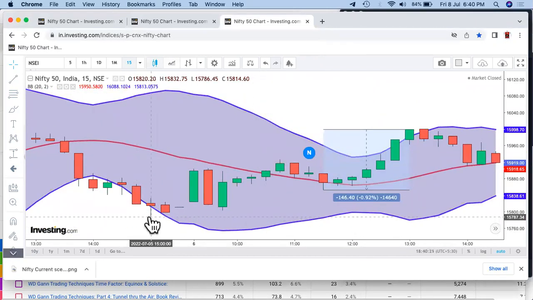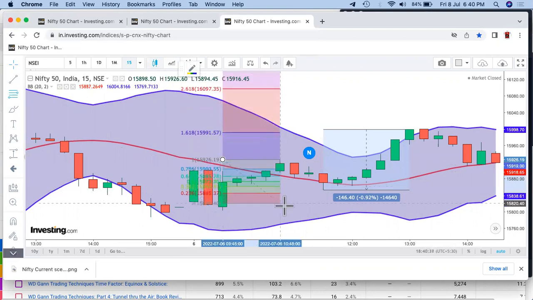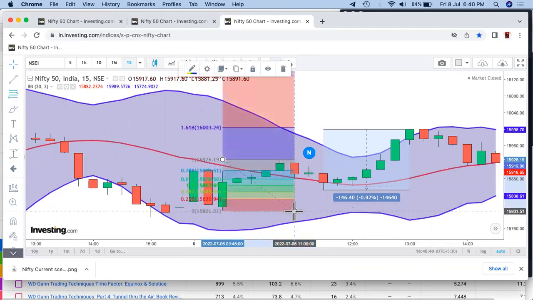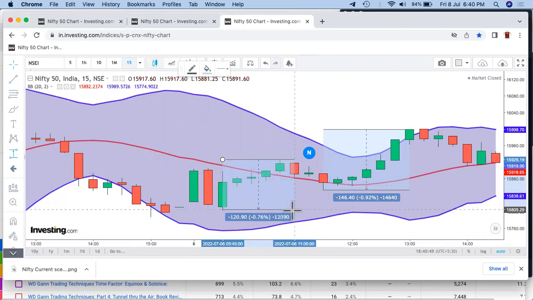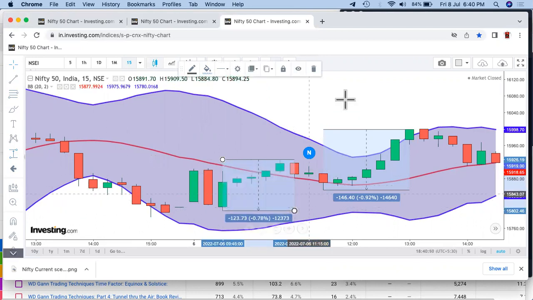For example, from here it goes up, it comes back from here. Now this is not specific to anything, or maybe I'm not trying to find anything on this part. I'm just trying to show you something, right?